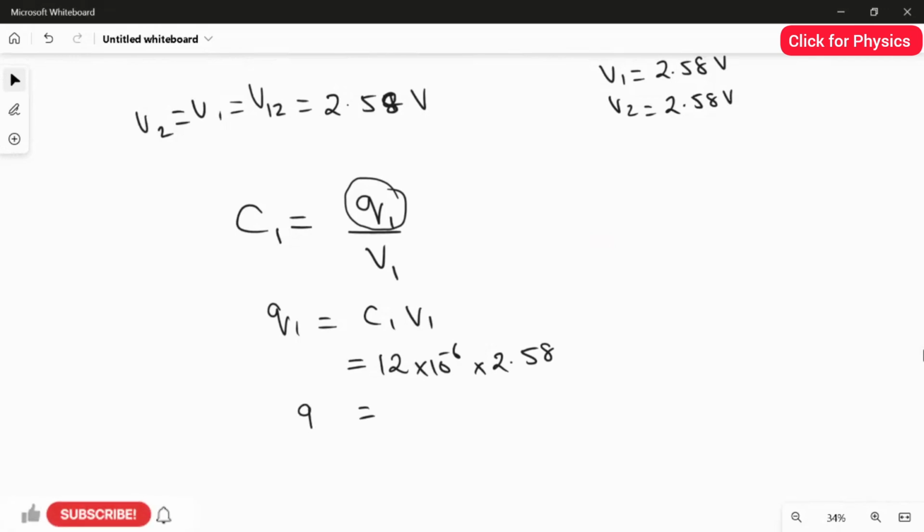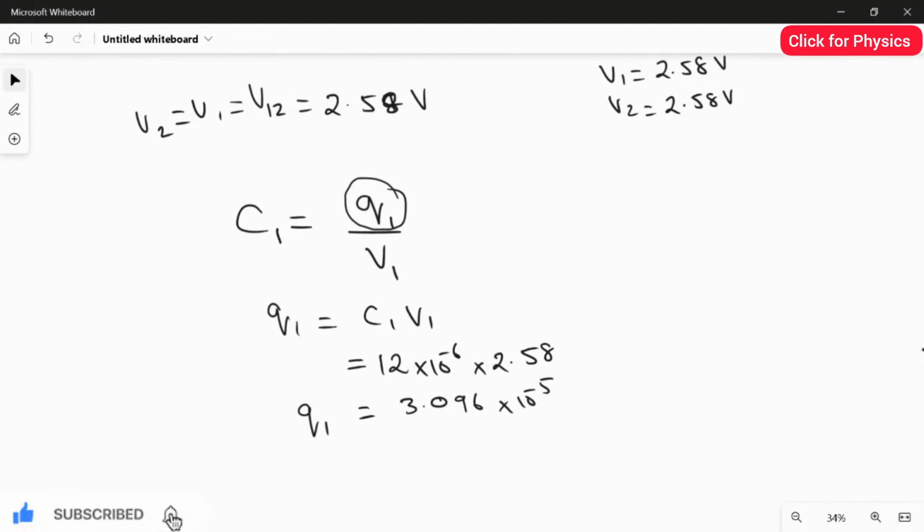Let's see the value of Q1. 2.58 multiplied by 12 times 10 to the power minus 6. I got the answer here as 3.096 times 10 to the power minus 5.